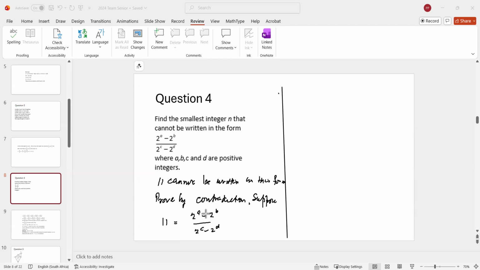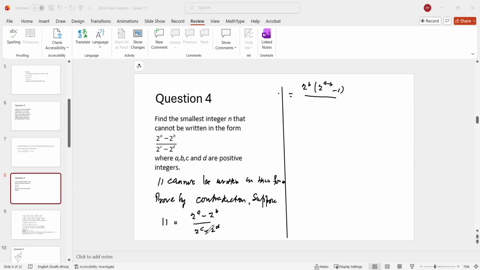So we'll take out the smaller power. We can factor it out, in other words: 2 to the power of B times (2 to the power of A minus B, minus 1).